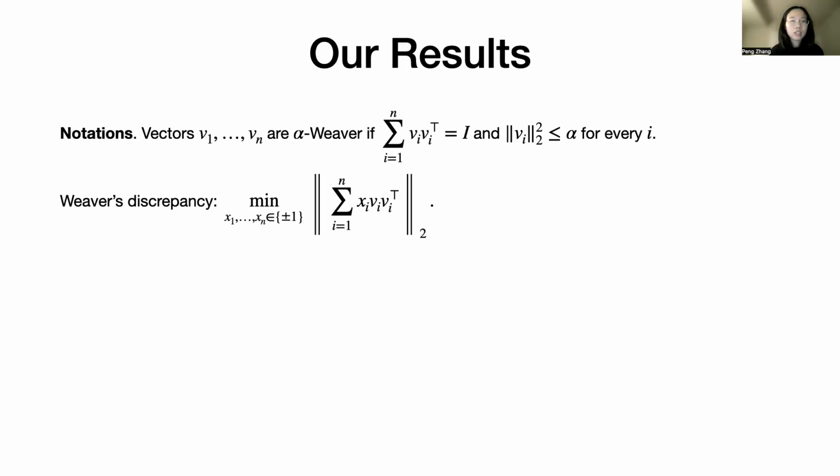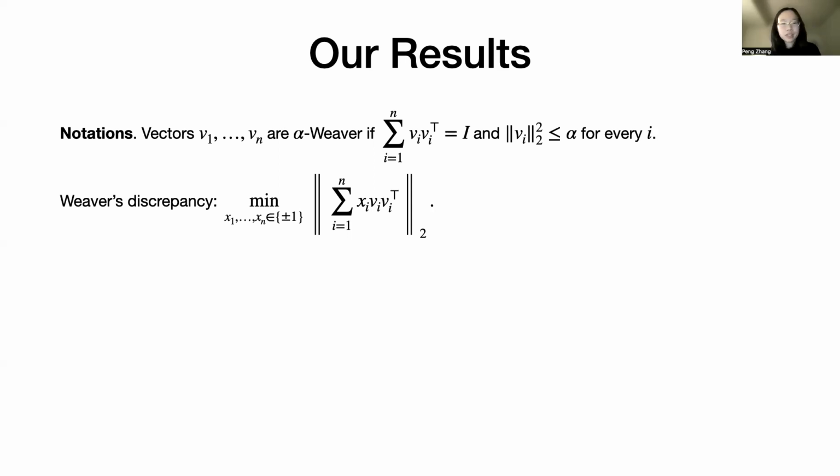And second, every vi has a squared Euclidean norm at most alpha. And we define Weaver's discrepancy for vectors v1 dot dot vn to be the minimum spectral norm of the sum of xi vi vi transpose, where the minimum is taken over all the possible signs for x1 dot dot xn.